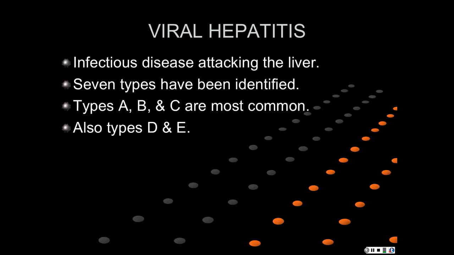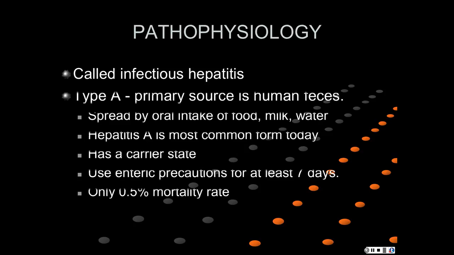Types A, B, and C are the most common, as well as types D and E. Like I say, almost on a daily basis they're coming up with newer ones. We'll start off, and really our focus is mostly going to be on types A, B, and C.